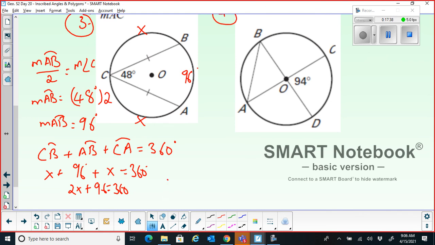So I'll have 2x equals 264, and dividing by 2 on both sides, I'll get the value of x, which is 132 degrees. If x is 132, then AC or CA will also be equal to 132. Measure of AC equals 132 degrees. I hope this is clear.